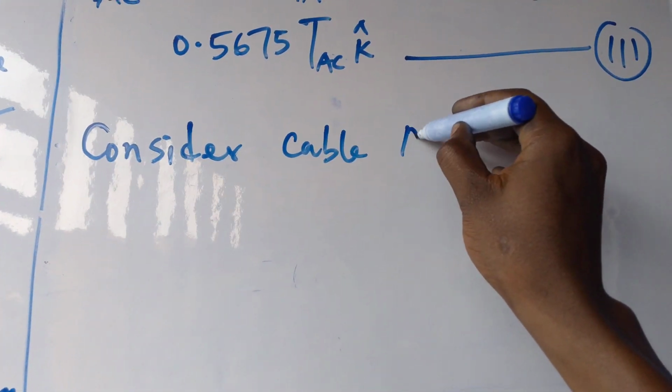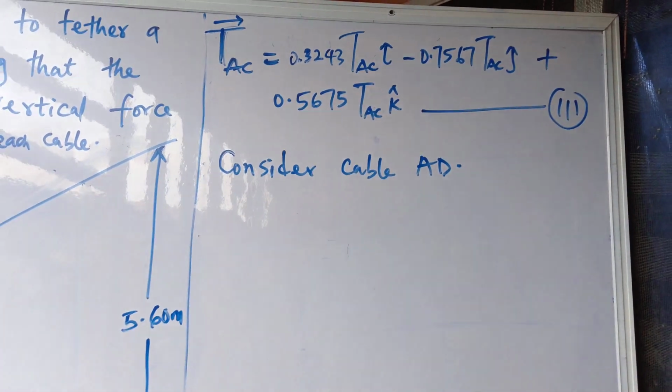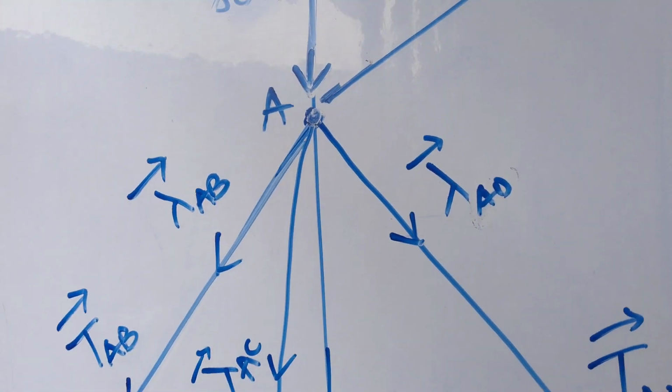I'll then consider cable AD. If I consider cable AD, I come to the free body diagram.